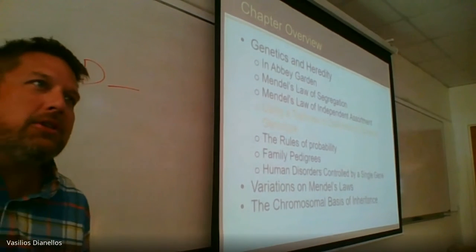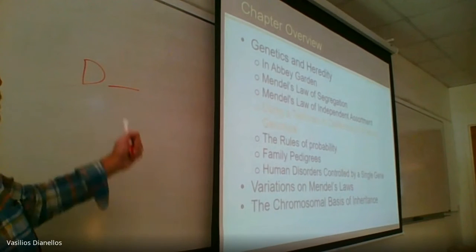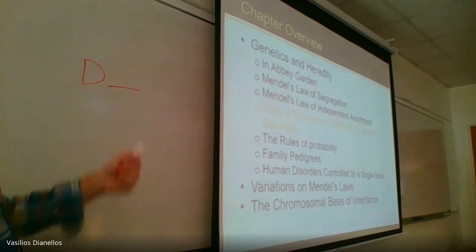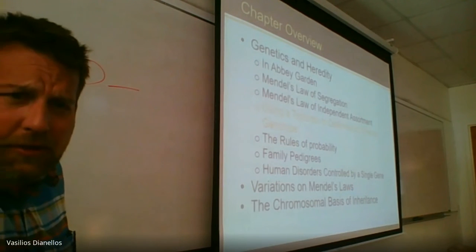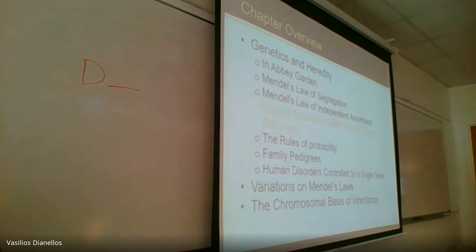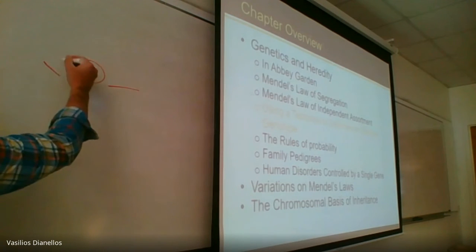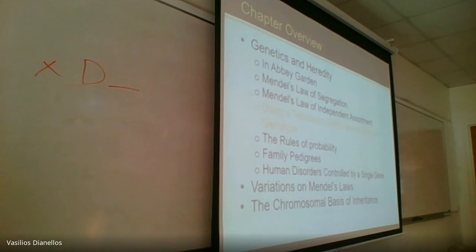But to figure out his genotype, here's what we can do. Baumgartner, we know he's got the dominant phenotype. I could pick somebody. Actually, I'm just going to make somebody up. I'm going to hook him up with a woman who does not have a cleft chin. Smooth chin. So if he's hooking up with this woman who has a smooth chin, which is the recessive phenotype, what is that woman's genotype?